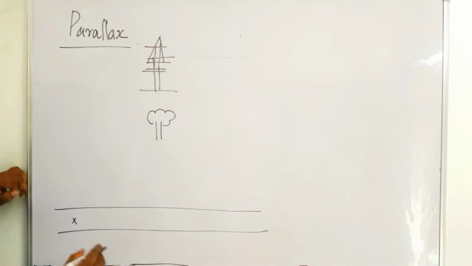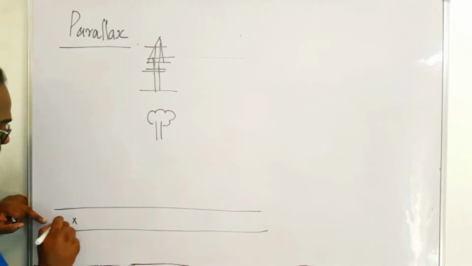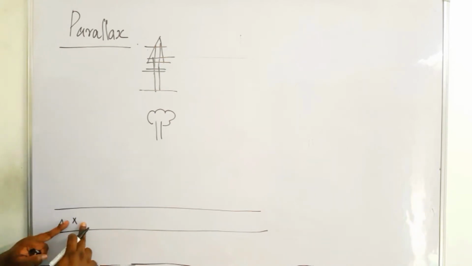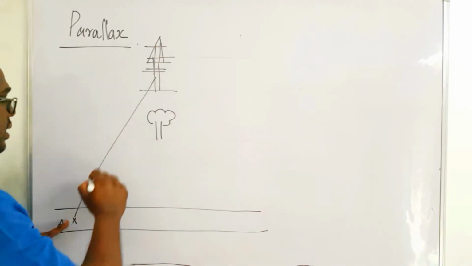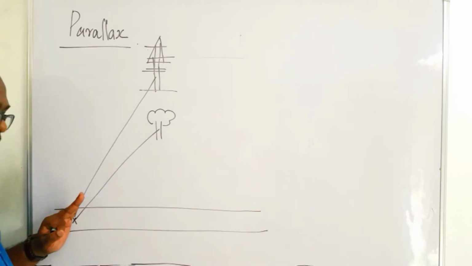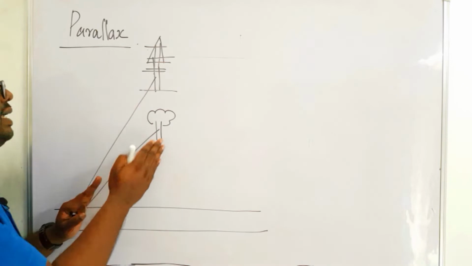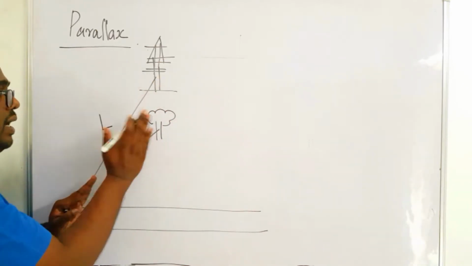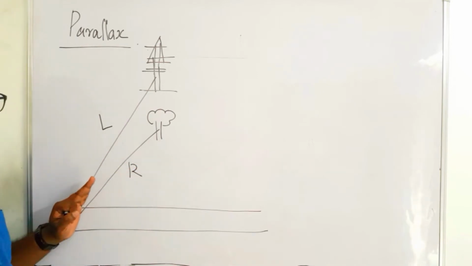So first you are observing these two objects, one tower and a tree, from this side. Your line of sight for the tower and tree will be like this. So observing from this point, the tower is on your left side and the tree is on your right side, correct?